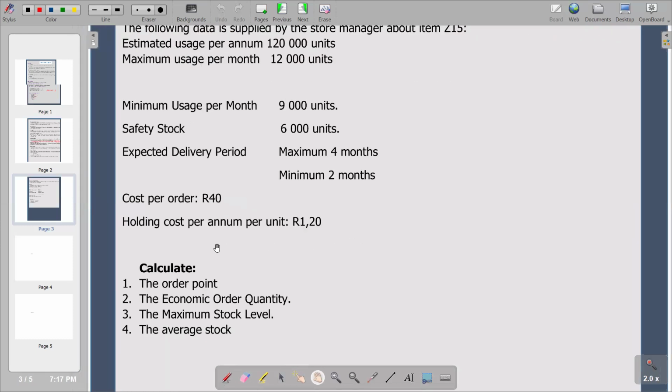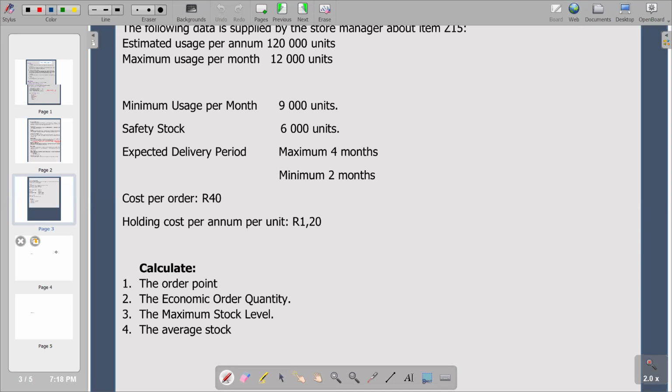Then we are given the required part, whereby you're supposed to calculate the order point, the economic order quantity, the maximum stock level, and the average stock. We are going to start by calculating the order point.